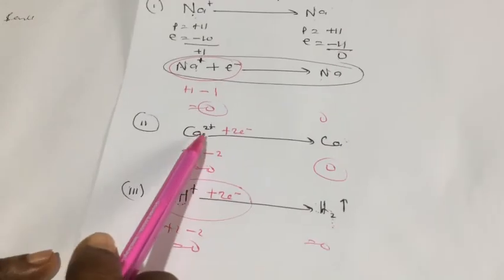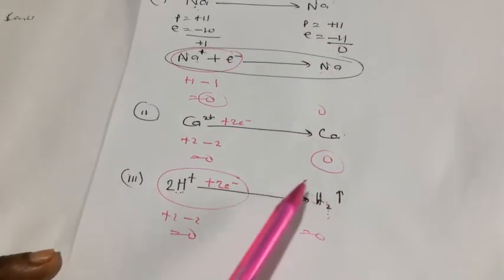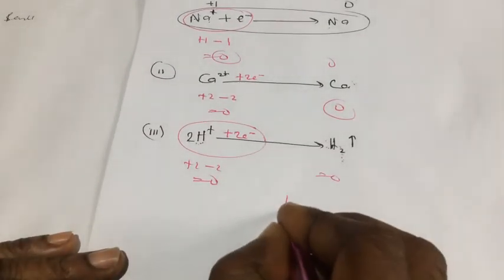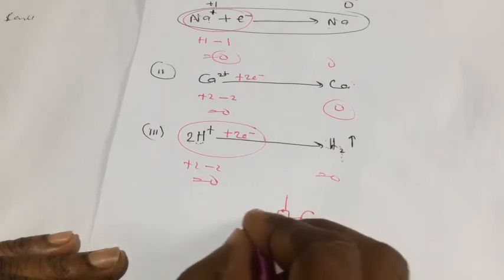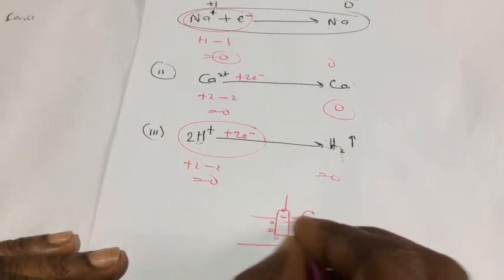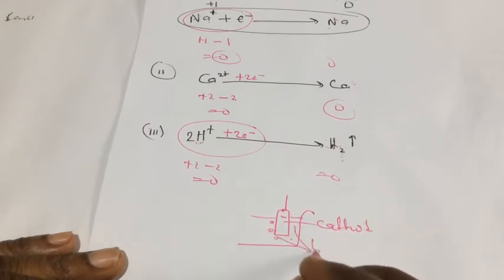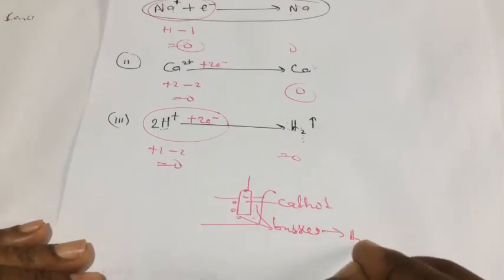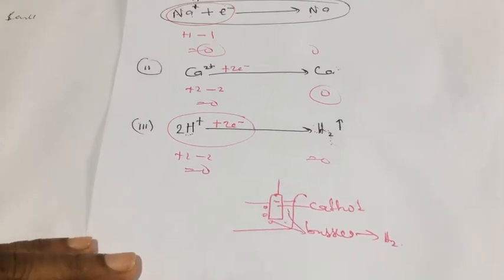The rest are metals when they are discharged. So if you look at a particular question, especially at the cathode, and you see bubbles of gas, this signifies hydrogen gas. Take note of that.